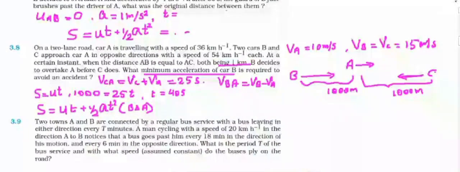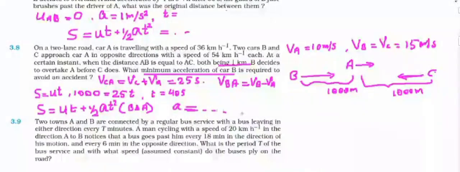And just before C reaches A, so you can substitute time t there. Then find the value of acceleration. So you will get the required acceleration. Okay, substitute S 1000 relative distance, U 5 relative velocity between B and A. Then what relative acceleration is required?